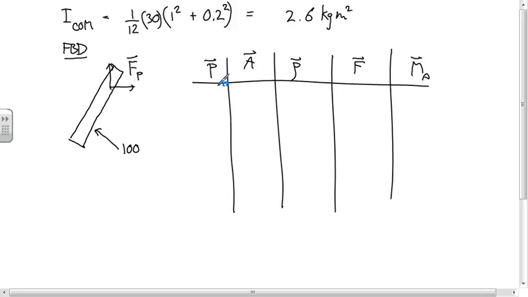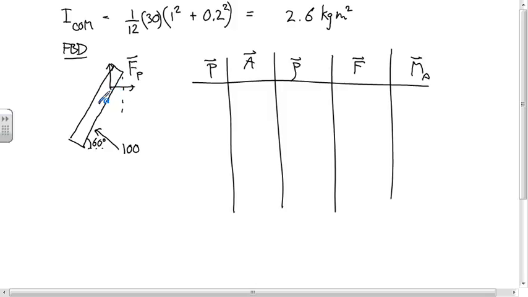So the forces, how do you get from this point to this one? Well, you know that this angle is 60, so you know this angle is 30. And so this angle has to be 60. And you know the distance between these two is 0.25.